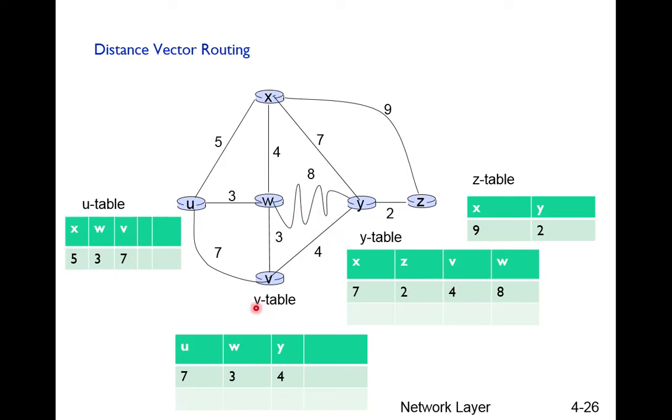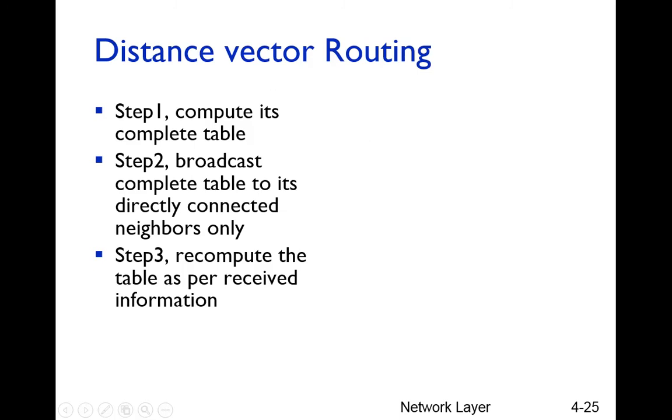Similarly there is a table for V and for U. I didn't mention the table for X and W. So the first step is that each node has to compute its complete table.